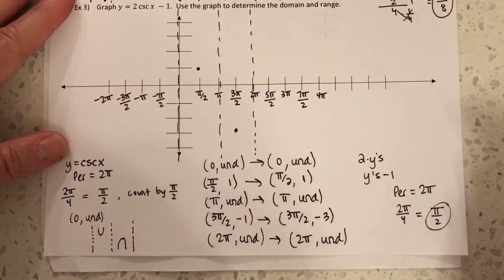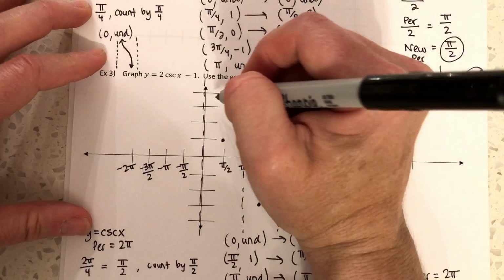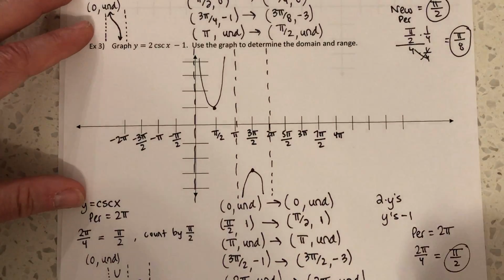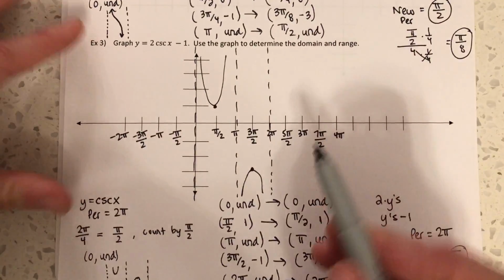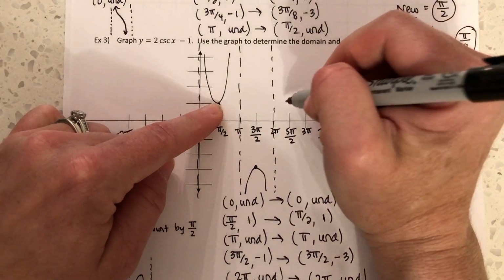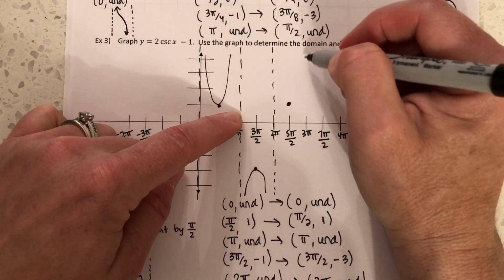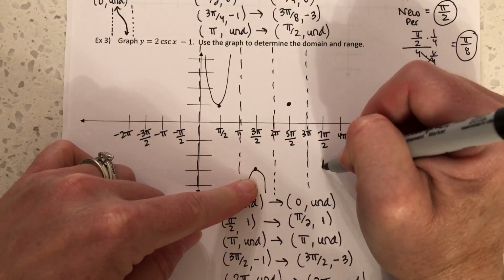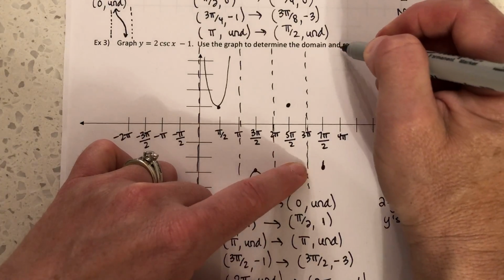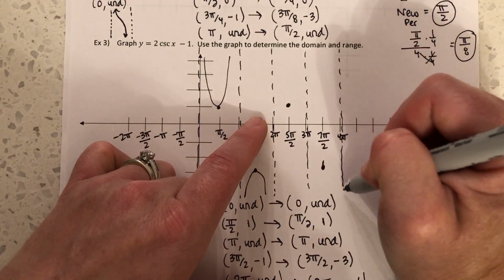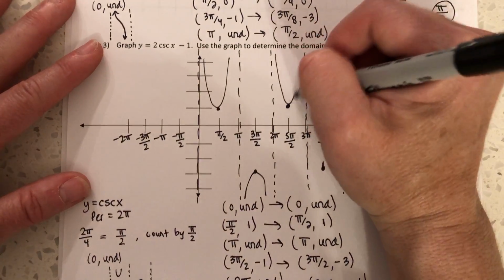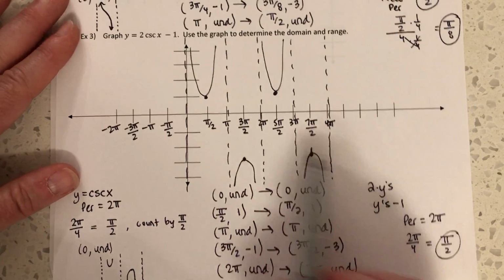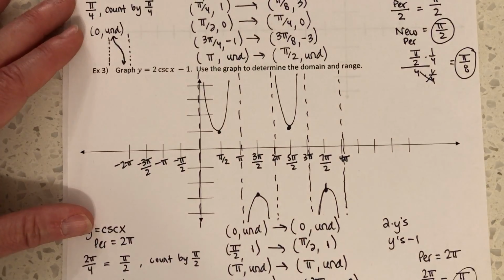And because there was no x-axis reflection or anything, it'll still stay in that up parabola, down parabola pattern. And then you can go again. Your undefined came out, so now you're back to a 1 coming out. Then you'd be back to an undefined, then back to a -3, and then back to an undefined coming out. And he would start that whole up parabola, down parabola pattern. And now you've created 2 new cycles of your transformed cosecant graph.